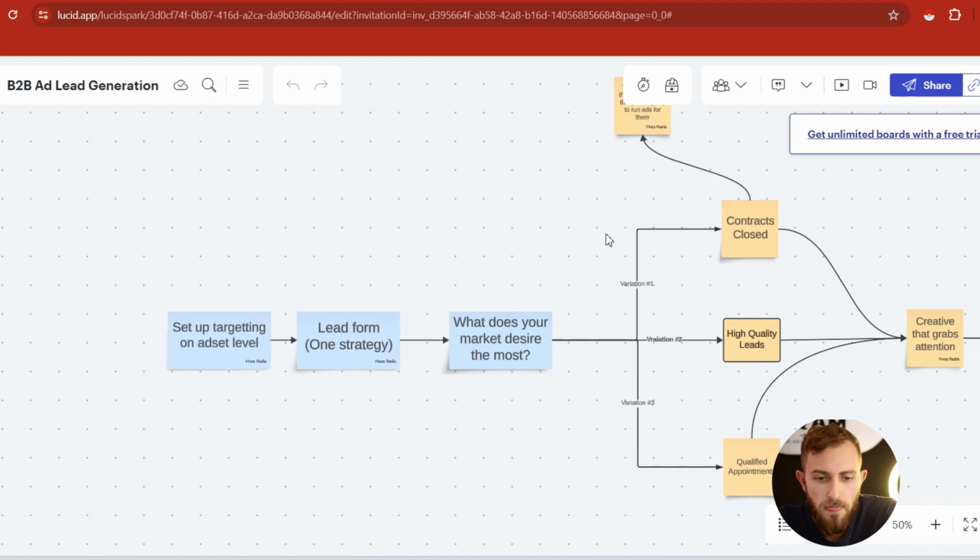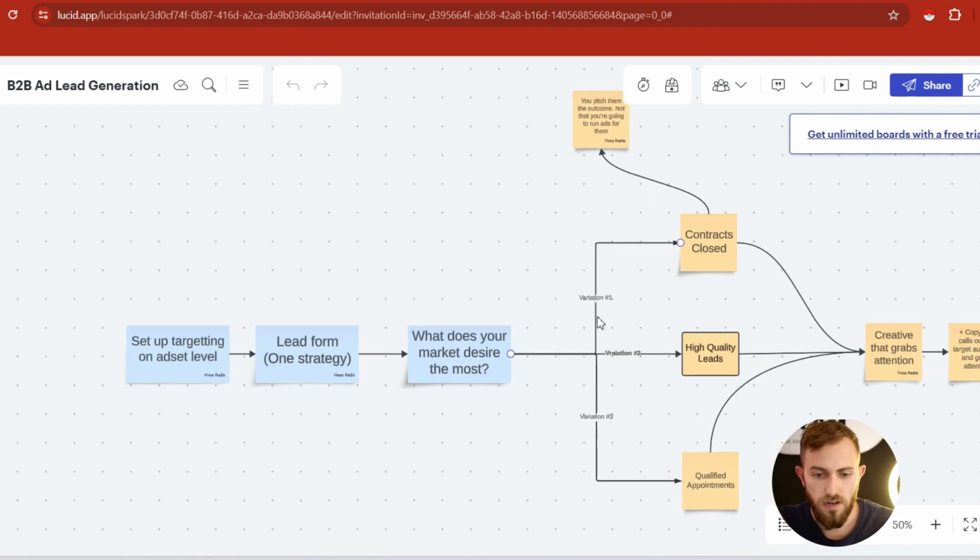Okay, so you basically want to figure out what your market desires the most. And if you don't know exactly how to go about figuring that out, you can use different AI tools like ChatGPT or Gemini and ask that tool to give you that data. You can go by yourself in forums and see what your target audience wants the most.